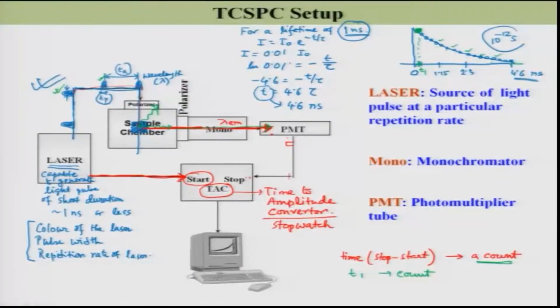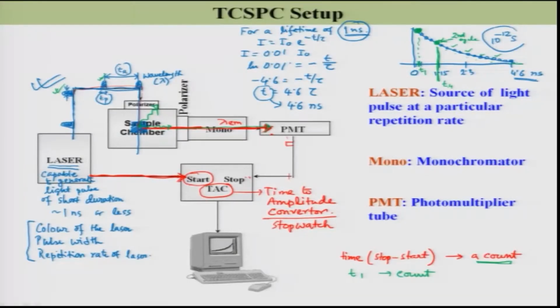In that cycle it is not necessarily that this photon will be directed along this path. It could be that this time the photon is directed along this path for the second cycle, probably directed along this path of the PMT, and let us say this is the time t4.